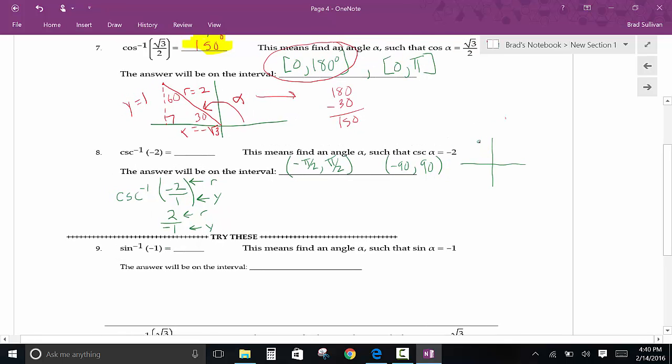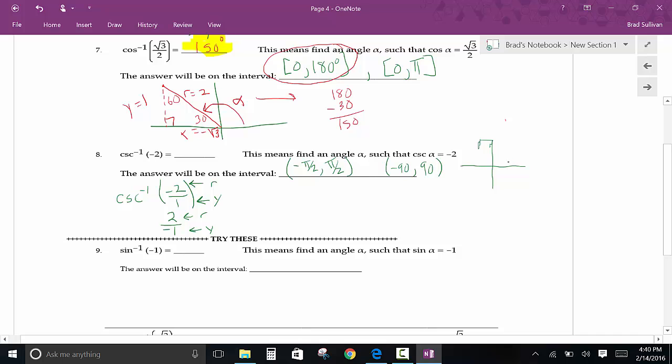So if I was at the point 0, 1, like that, okay, that y is 1, r is also 1. If you wanted to do an inverse cosine, you would not have any problem with that, but you're going to end up having a place where the inverse cosecant is going to be undefined.